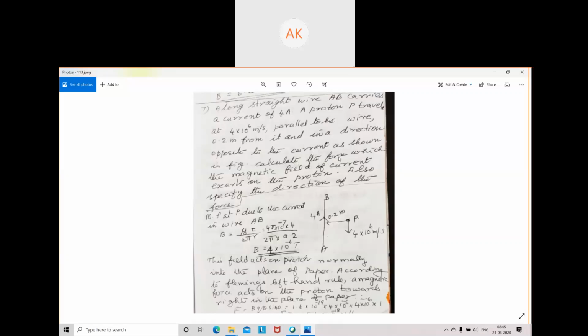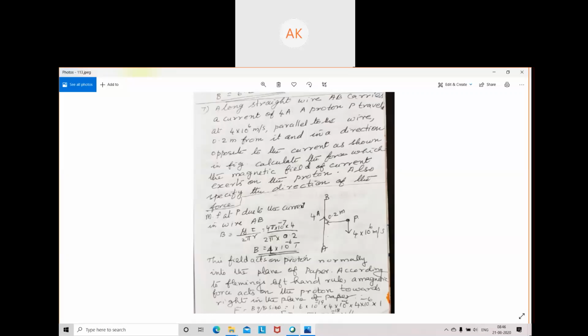Then what's the question? Calculate the force with which the magnetic field of the current acts. We know a straight conductor carrying current has a magnetic field around it, and when a charge moves in that magnetic field, it experiences a force, equal to BQv sin theta. And what's the magnetic field around this straight wire? That is why I asked you to study the formula.